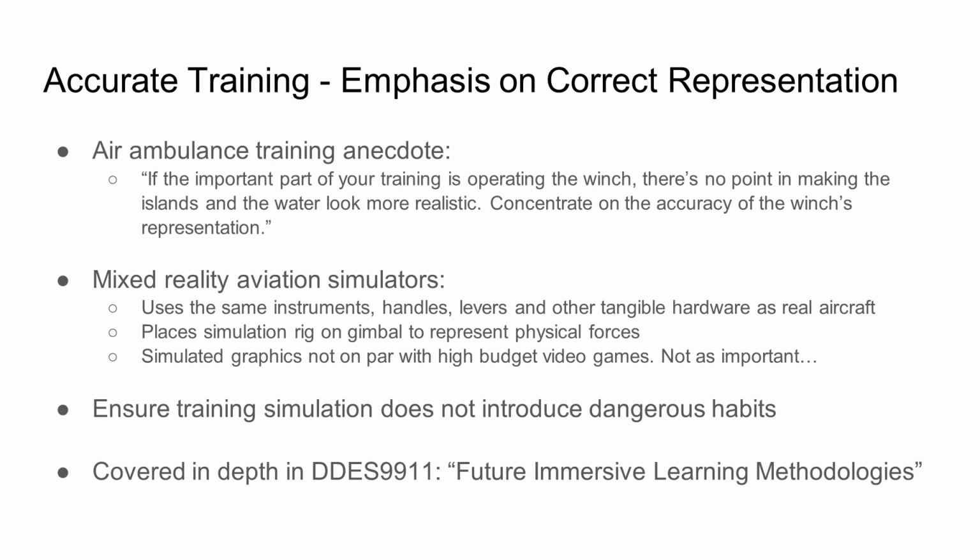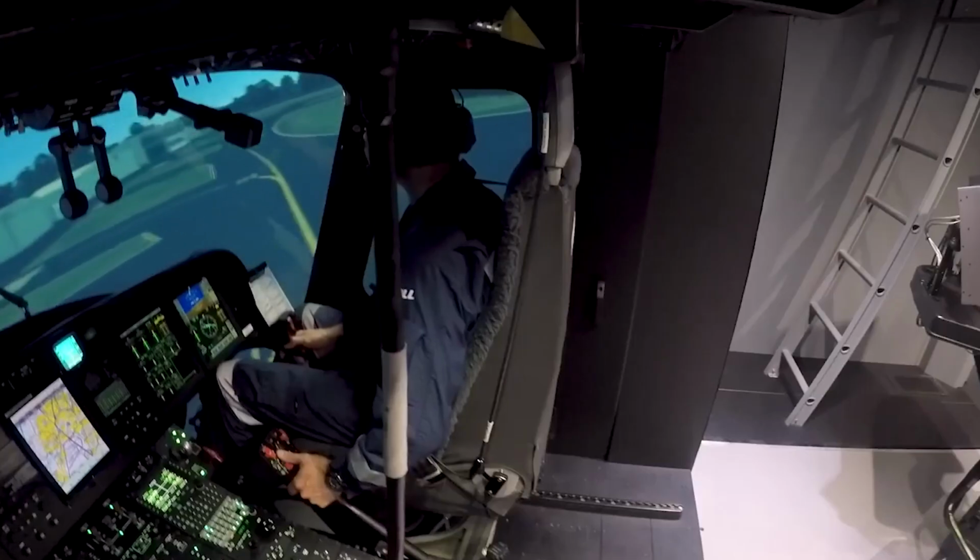You'll also see this in flight simulators. This is why you often see the actual instruments and the other hardware that's actually used on the aircraft, so you retain that muscle memory. One of the things that I really remember from visiting the ACE training center was the head of the facility, who was also a helicopter pilot, emphasized the location of the collective.